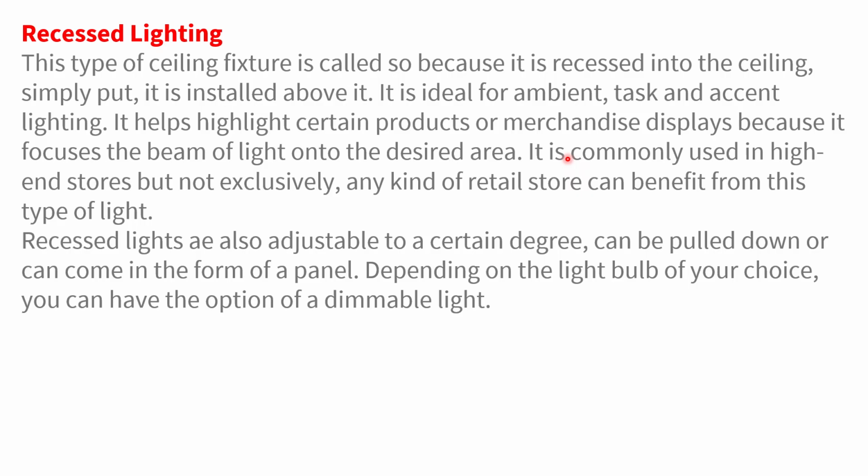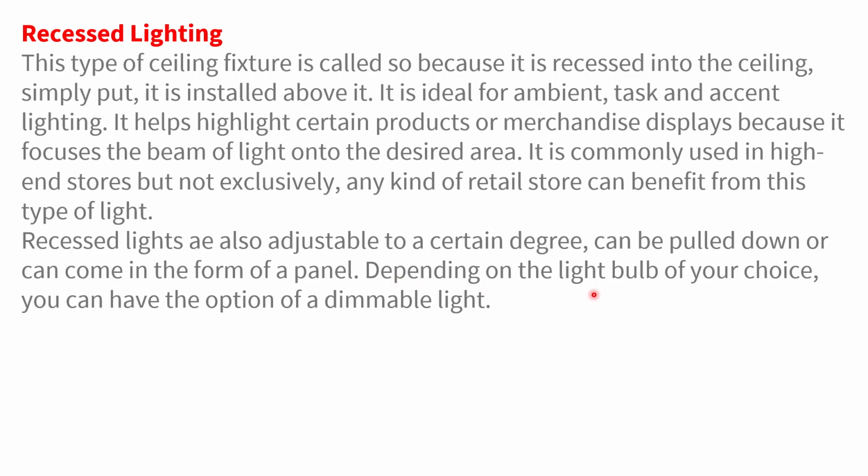It is commonly used in high-end stores, but not exclusively. Any kind of retail store can benefit from this type of light. Recessed lights are also adjustable to a certain degree, can be pulled down or can come in the form of a panel.